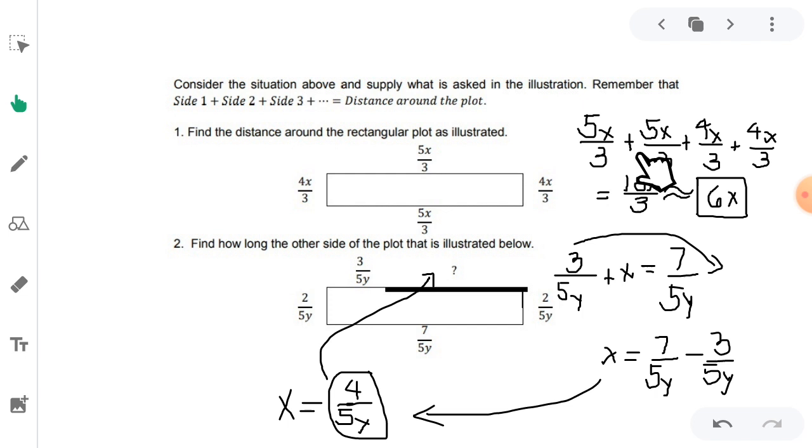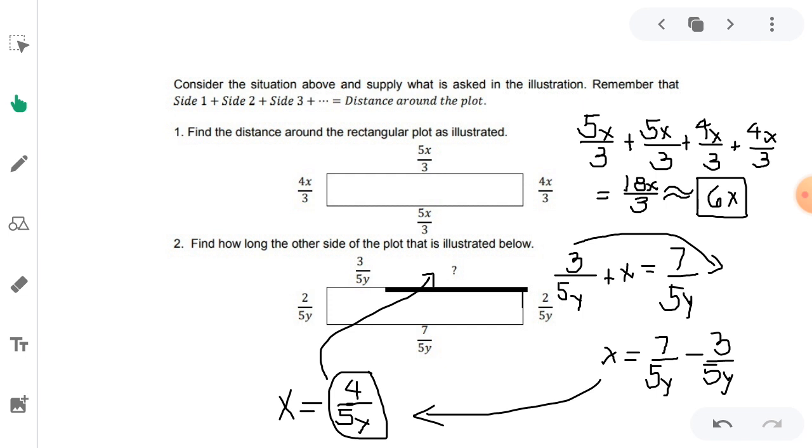Here in 18x over 3, we can still reduce it to lowest term, since the coefficients 18 and 3 have a common divisor, which is 3. So 18 divided by 3 is 6. Just copy the variable x. So the answer is 6x.